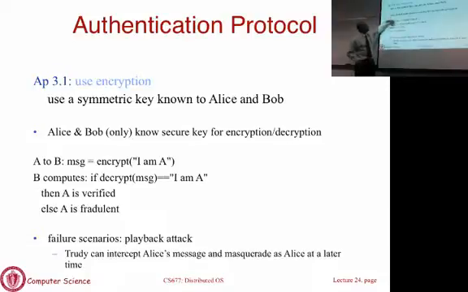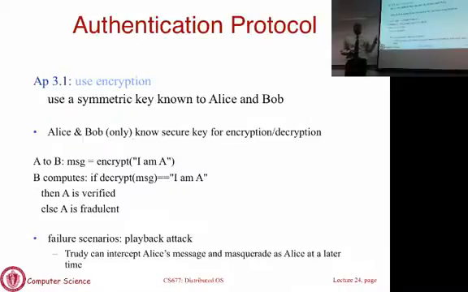So this is our authentication protocol version 3.1, where Alice sends a message to Bob saying, I am Alice. It's encrypted. Bob will decrypt the message, which says, I am Alice. Now in this case, if the encryption key is a secret that's only known to Alice and Bob, then you're done. You don't need to ask for a password, because the very fact that this encryption key is only known to Alice and Bob is reason enough that only Alice could have sent that encrypted message.